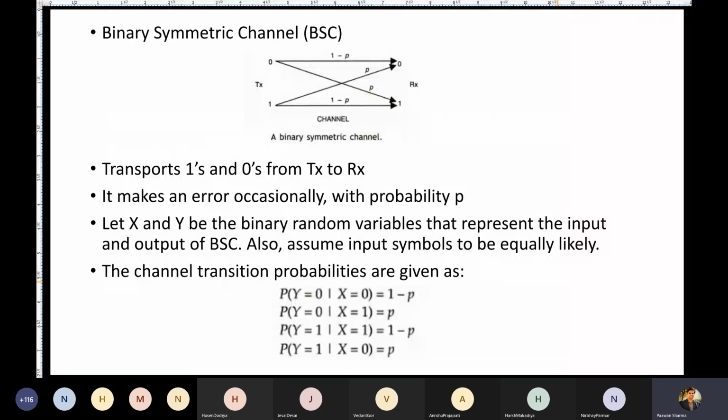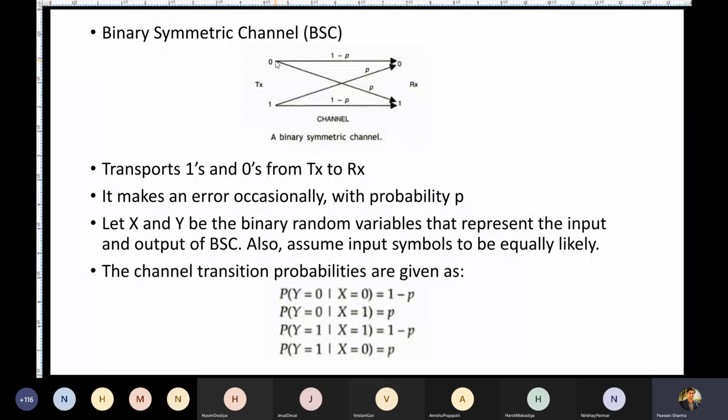As you can see, channel means a medium which is taking the information from one end to another end. This end is your transmitter end, this end is your receiver end. Data is being transmitted from Tx to Rx. Very simple.